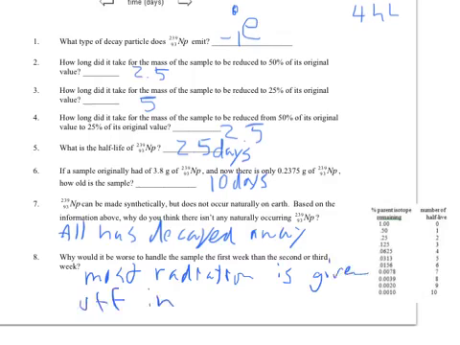So basically, the reason it would be worse is that most radiation is given off in the first few half-lives.